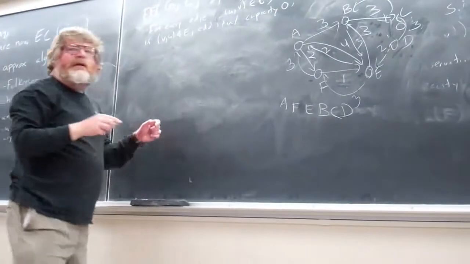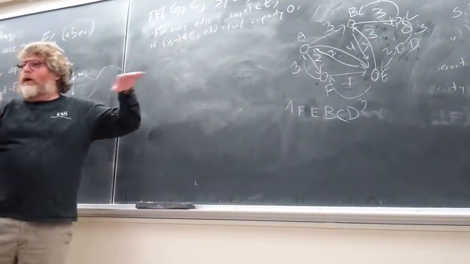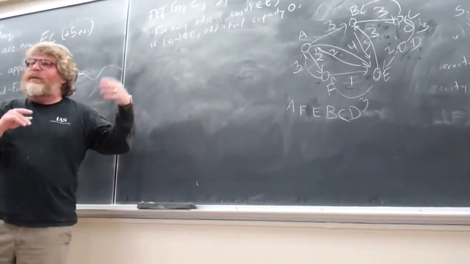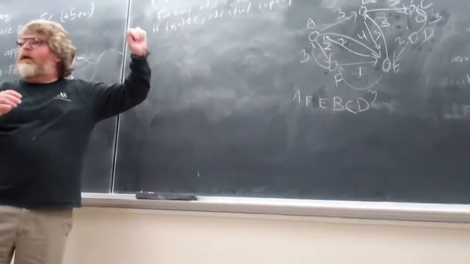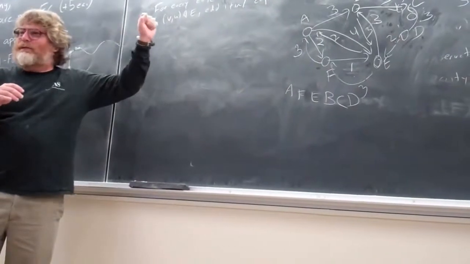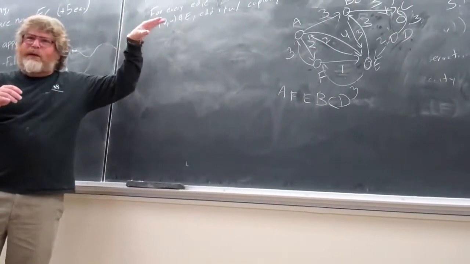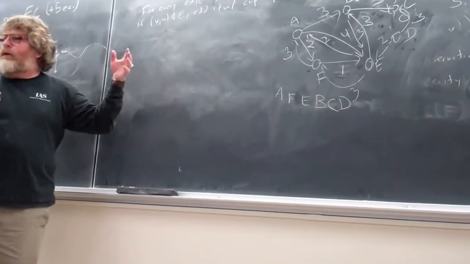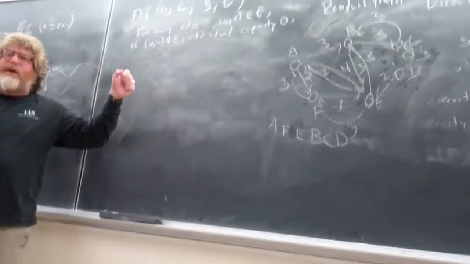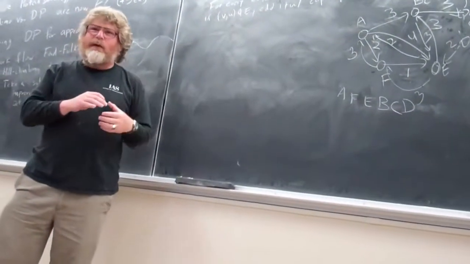Then all the edges are in both directions, but some aren't actually in the graph. But it's going to be handy to have at least a virtual edge in the reverse direction for every edge, so that we can define its residual capacity in the other direction.